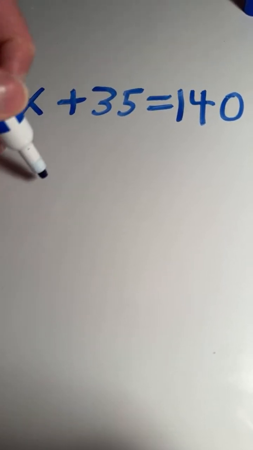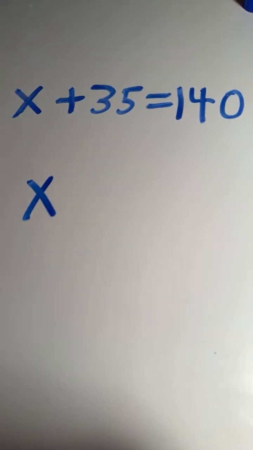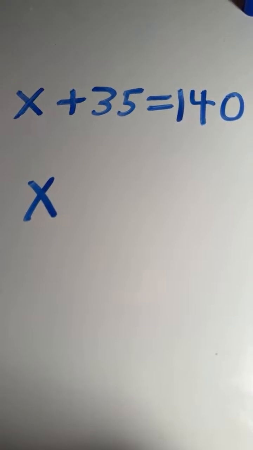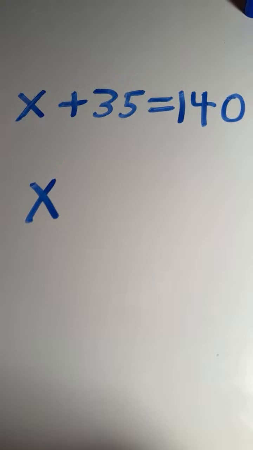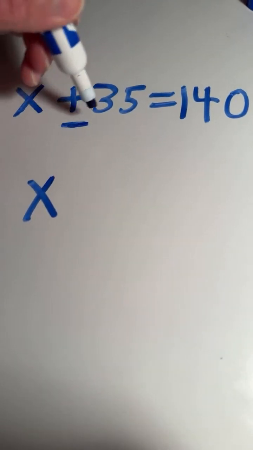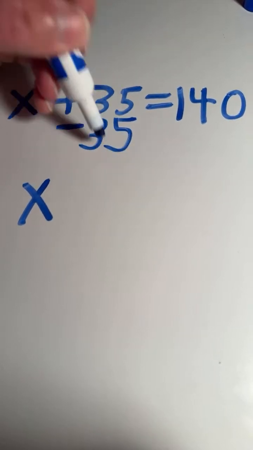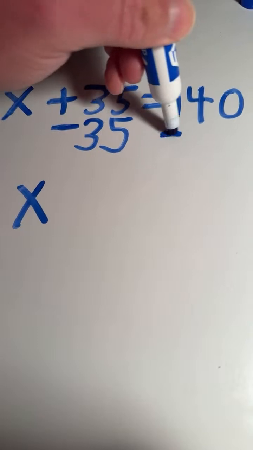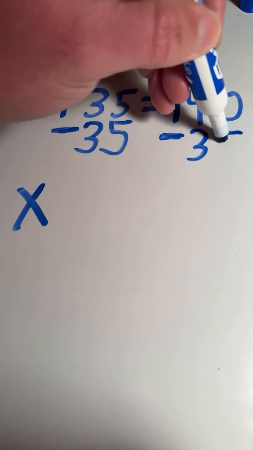So to find the value of x, we have to get x by itself. We need to get the 35 on the other side of the number line. Since x plus 35 equals 140, that means that 35 less than 140 is going to be the value of x. So we have to subtract 35. Whatever the operation is in the number sentence, we have to do the opposite of that operation to get x by itself.